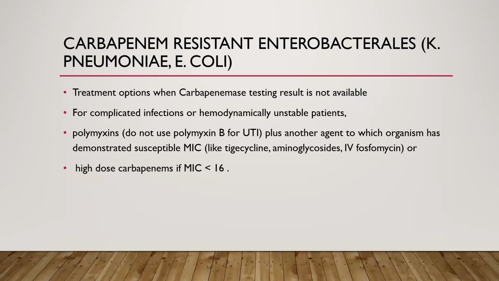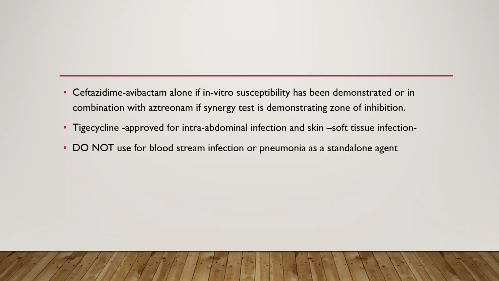Plus another agent to which the organism has demonstrated susceptible minimum inhibitory concentrations, like tigecycline, aminoglycoside, IV fosfomycin, or a high dose of carbapenem if minimum inhibitory concentration is less than 8. So even if results are not available and the patient is hemodynamically highly unstable with complicated infection, then we can add the combination of polymyxin with these agents like tigecycline, aminoglycoside, and IV fosfomycin, and we can use the high dose of carbapenems.